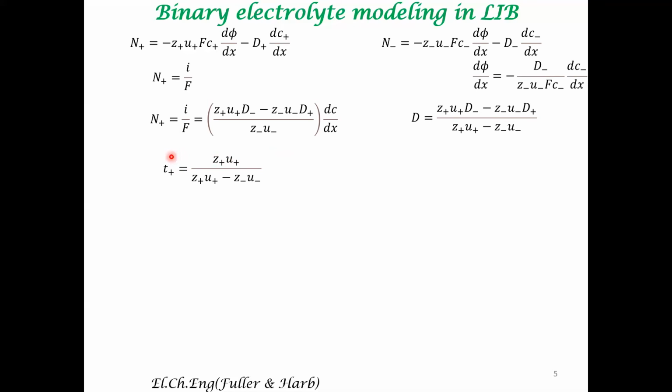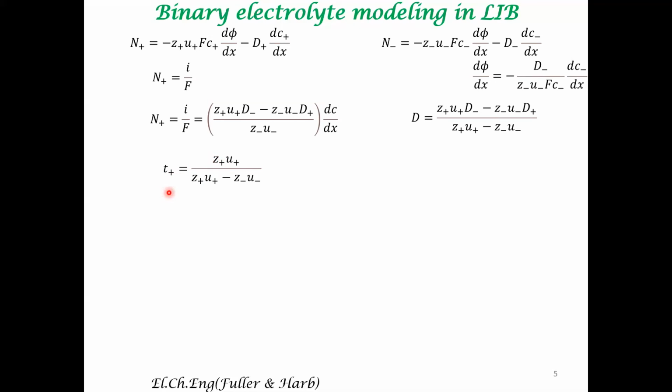For example, the transference number for lithium plus is defined in this manner. Again, that depends upon the mobility U plus, that is the mobility of the lithium ion, and the charge on the lithium ion, right?